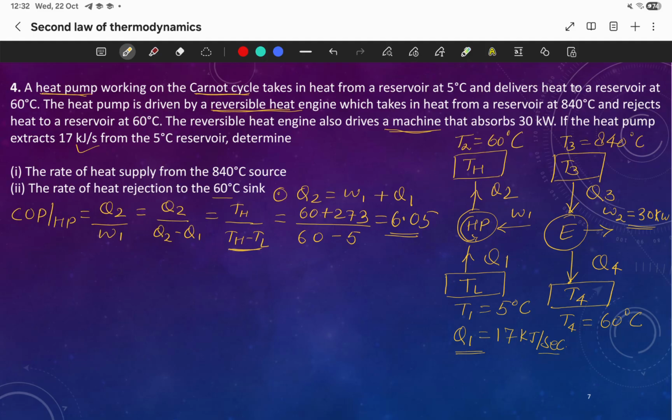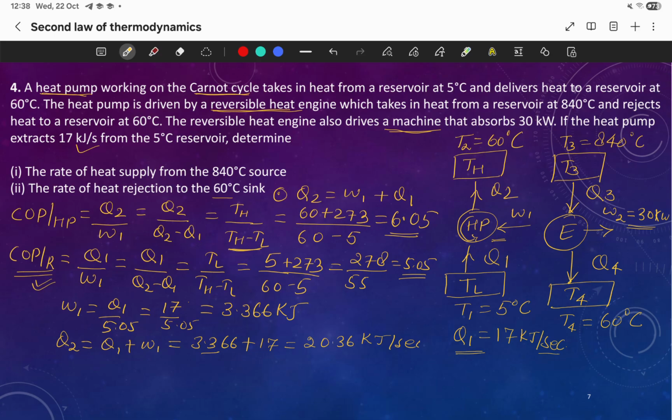Sorry. So you can see from here, I have written the coefficient of performance for refrigerator. So this will be desired effect upon W1. From here we did this and we obtained the COP of refrigerator.